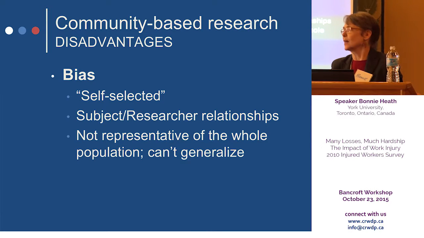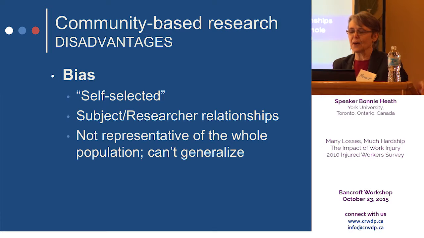The problem with a sample that you gather the way we did, just people talking to people, is that these are self-selected people. They probably have an axe to grind. They probably have a complaint already. So for that reason, we couldn't possibly call this a representative sample, but we could talk to people about their experiences.